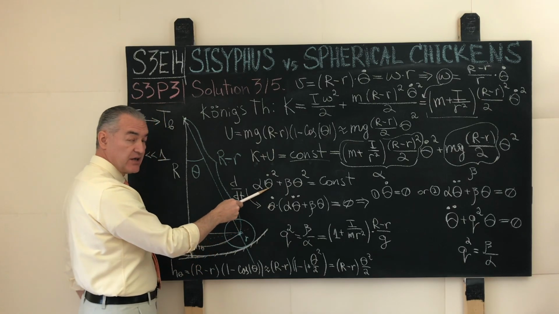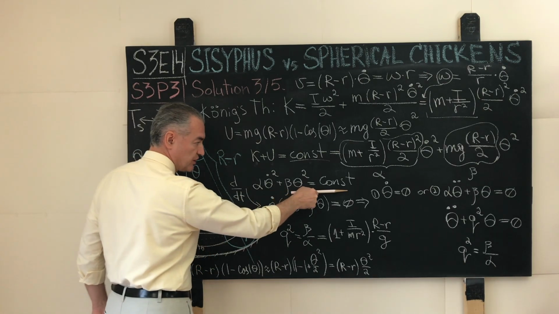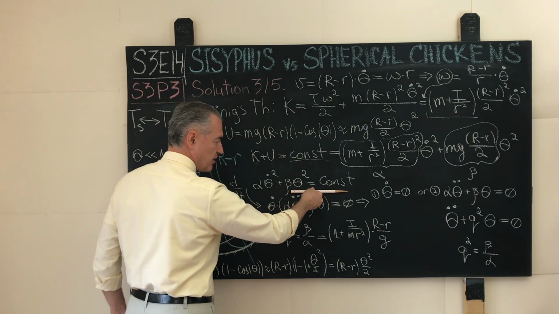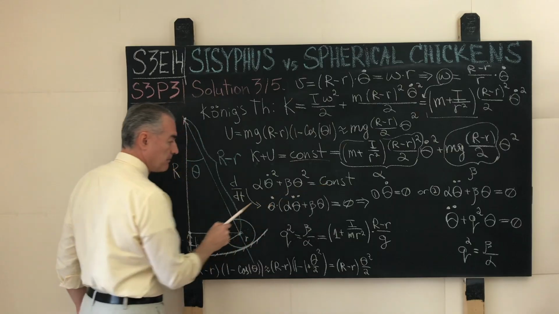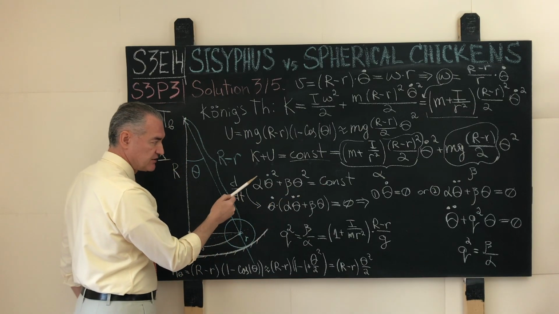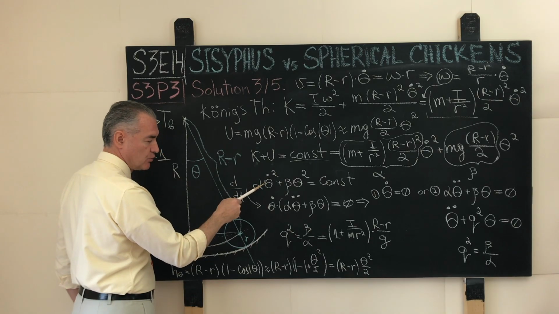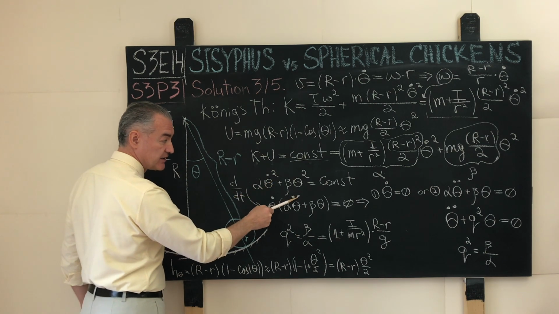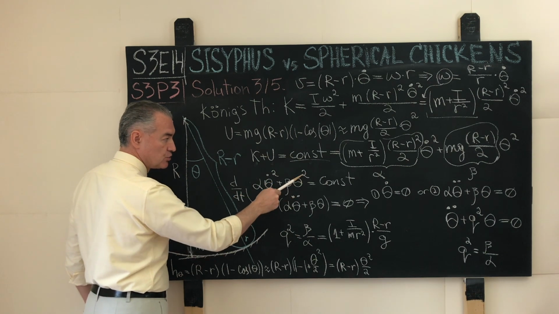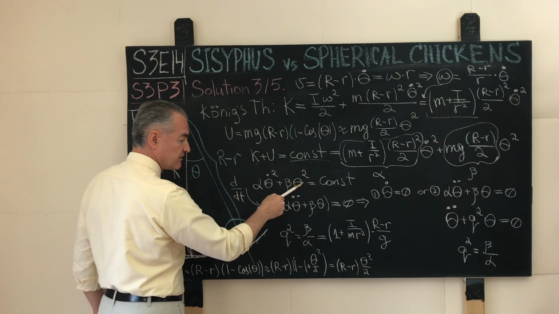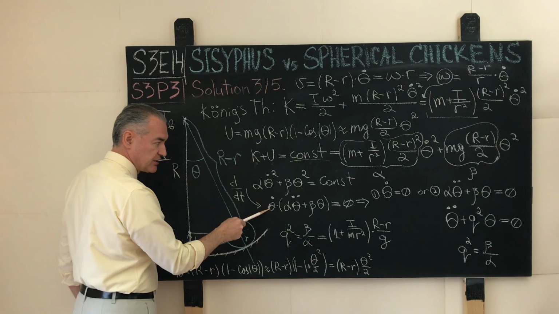Now we differentiate this relation shown over here, basically, in plain English, the law of conservation of total mechanical energy, by time, once. And what do we have? 2 is not 0, can be safely canceled out. So we will have alpha times 2 times theta dot times theta double dot, the second derivative, plus 2 times beta times theta times theta dot, the first derivative. 2 is canceled out.